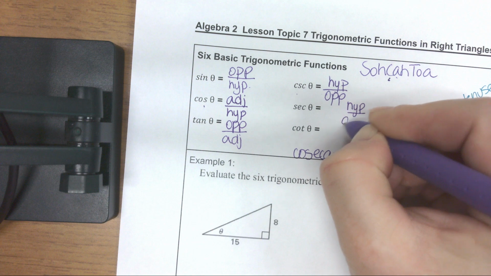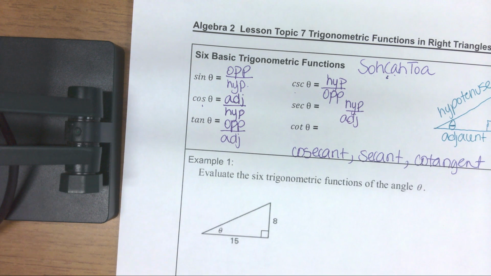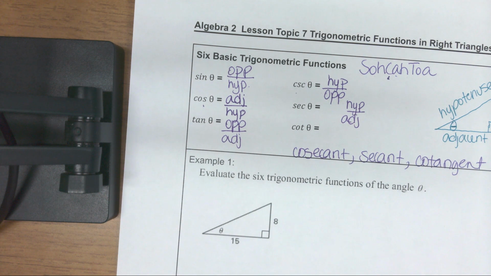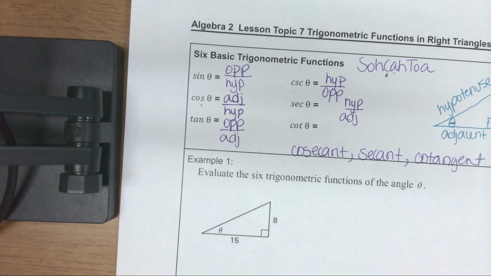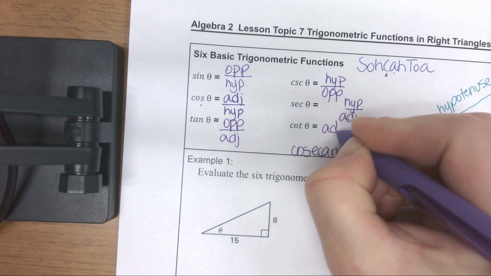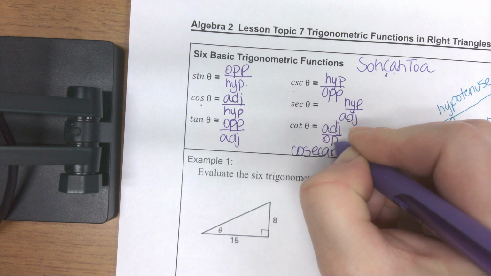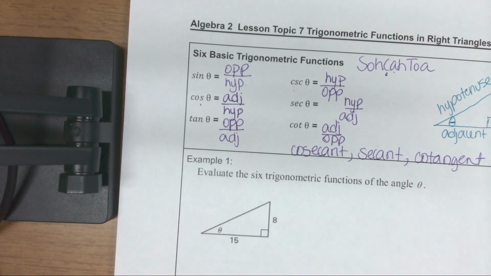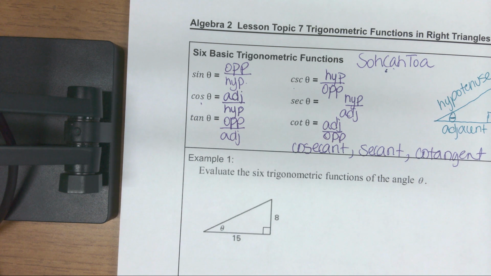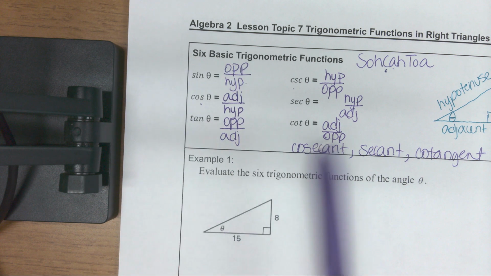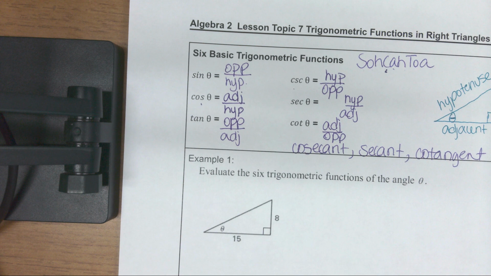I'm just flipping that. And the cotangent, that one sounds right, is the reciprocal of the tangent function. Over the course of this week, we're going to deal a lot with these three. Today, we're just writing those other three.